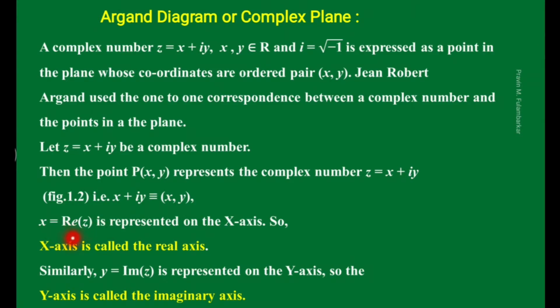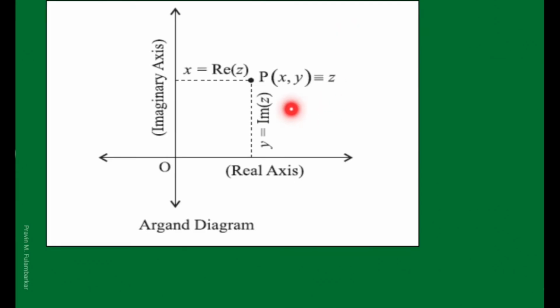So here x equals real of z is represented on the x-axis, so the x-axis is called the real axis. Similarly, y equals imaginary of z is represented on the y-axis, so the y-axis is called the imaginary axis. Here the complex number z equals x plus iy, and we represent that point in the form of ordered pair P of (x, y).